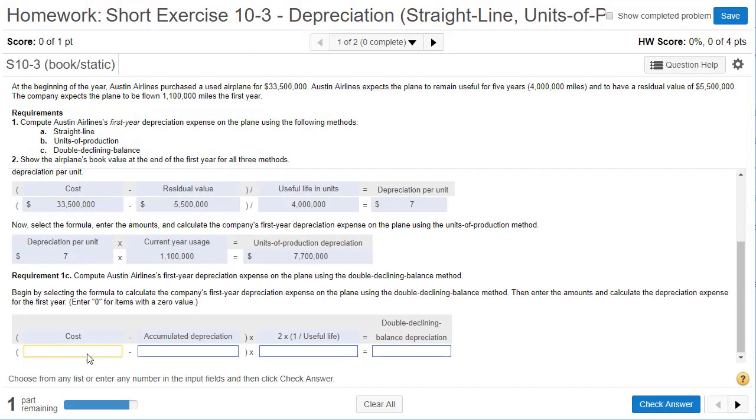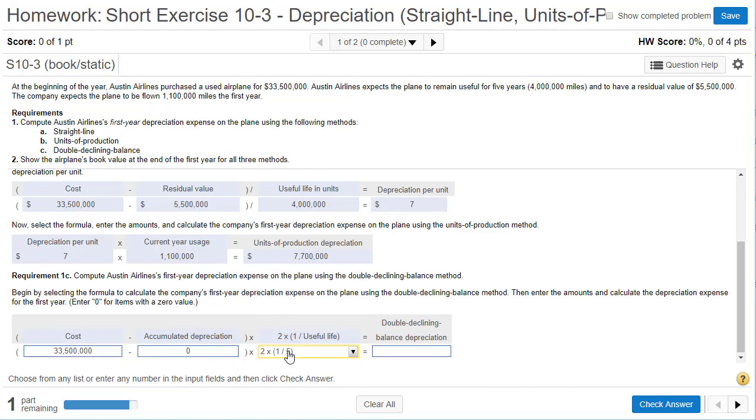So our cost again of this airplane is $33,500,000. We subtract our accumulated depreciation. Now remember, this is for the first year per our instructions. So the first year we have no depreciation yet, so that's going to be 0. And then we multiply by 2 times 1 divided by life.